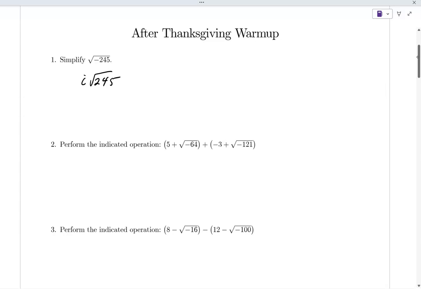All right, so now let's simplify 245. Let's factor that. Let's see. 5 and 49 looks like. And then 49 is 7 and 7.